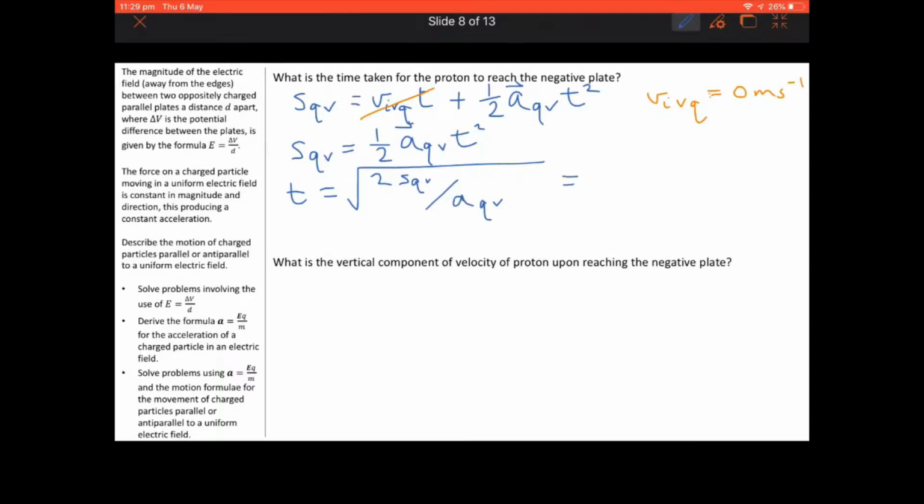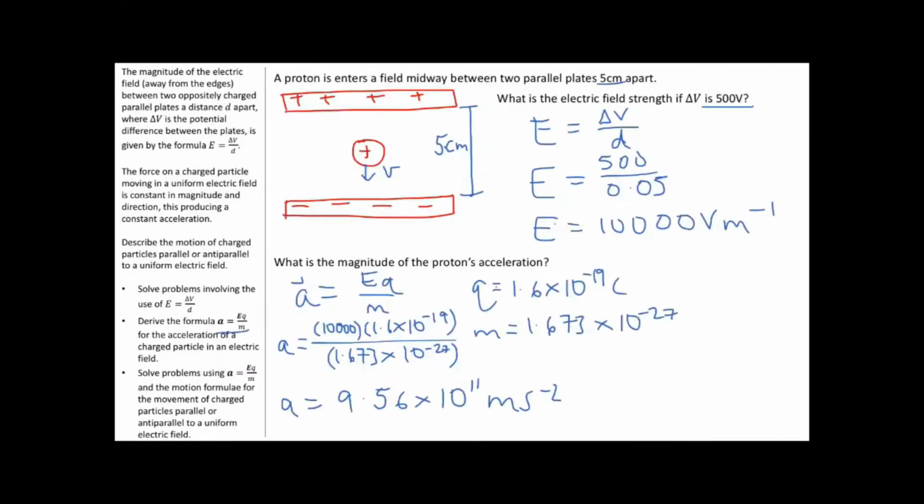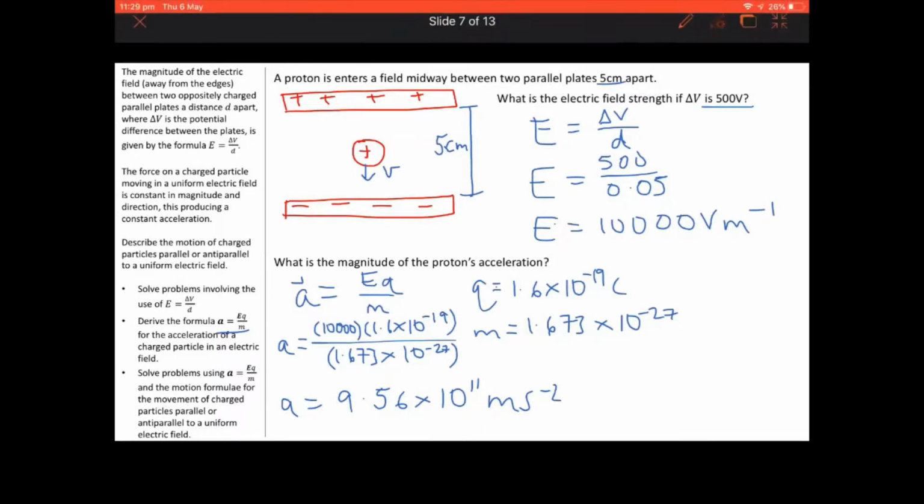This will be equal to, go back and have a look. So it's entering midway between the two parallel plates. That means that it's going to be entering at 2.5 centimeters.